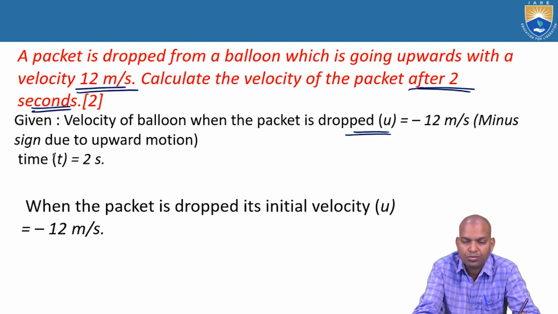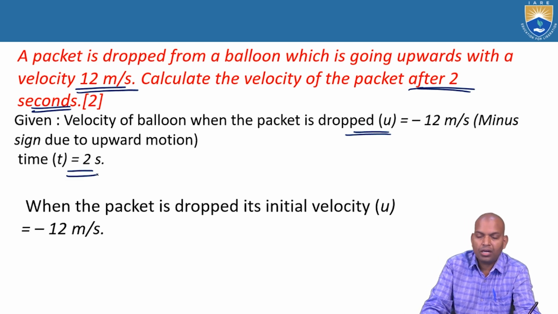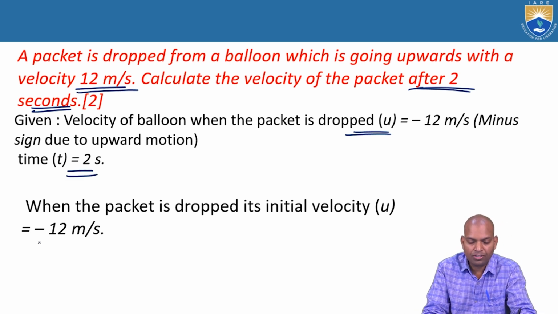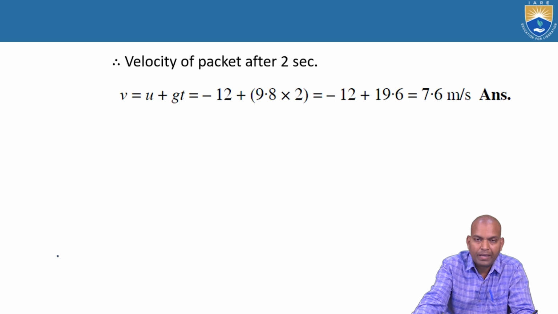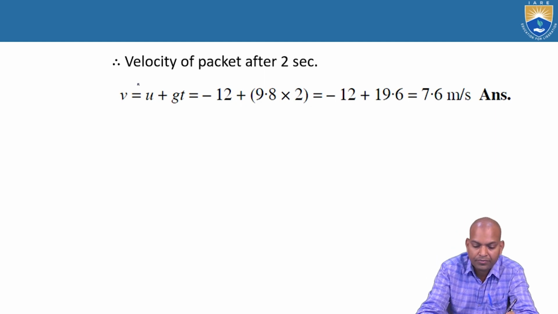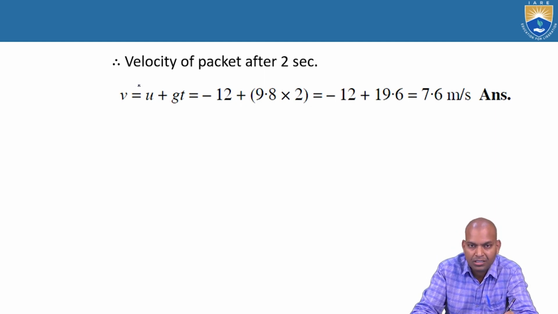This minus sign is due to upward motion, and the time is 2 seconds. So when the packet is dropped, its initial velocity u equal to negative 12 meter per second. We want the velocity of the packet after 2 seconds.